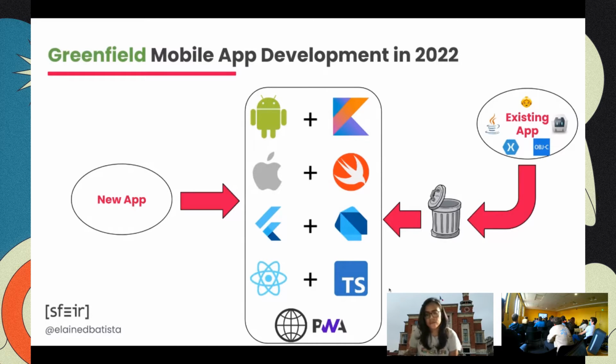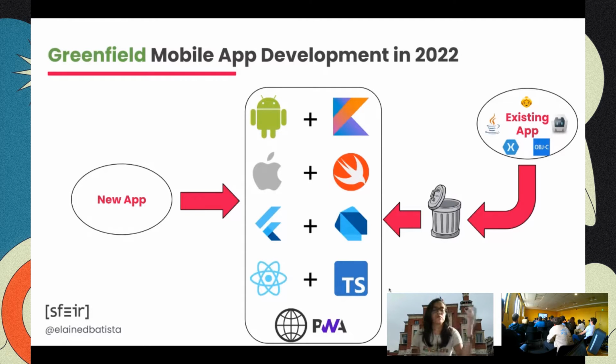Sorry, Flutter with Dart, the programming language to build Flutter apps. React Native with either JavaScript or TypeScript. Those ones on the top, they are targeting native packages that are going to exist on the store.